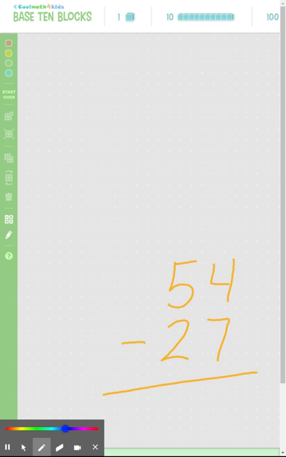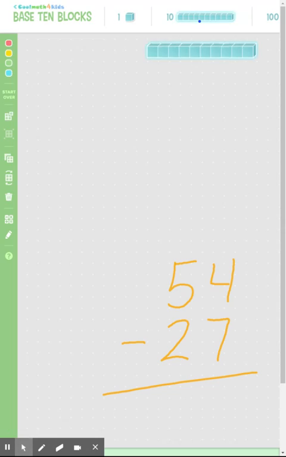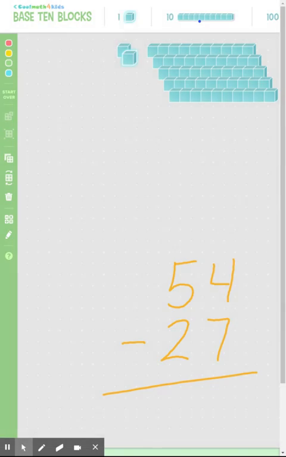So we're going to start by getting 54 blocks. 1, 2, 3, 4, 5 to show 50, and 1, 2, 3, 4. And remember, I don't have to show 27 because we're taking it away, we're not adding it.